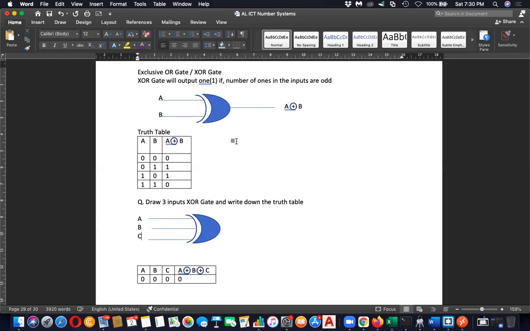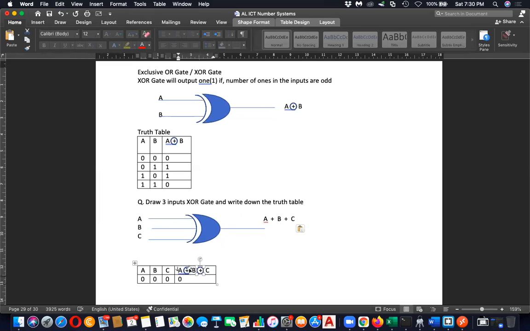You have 3 inputs and 1 output. Here you have A XOR B XOR C.